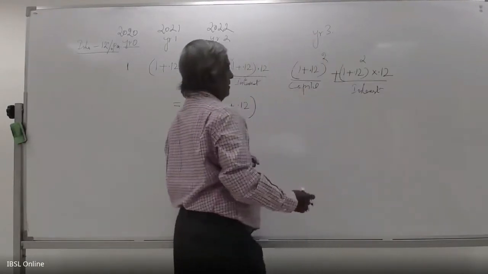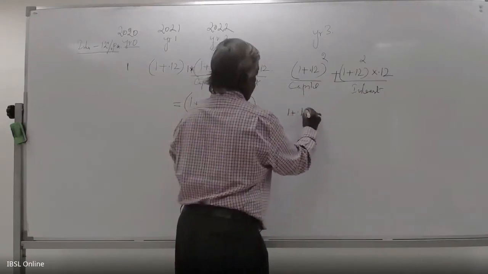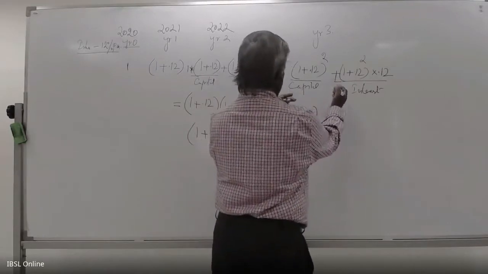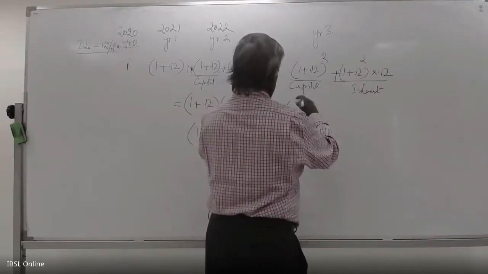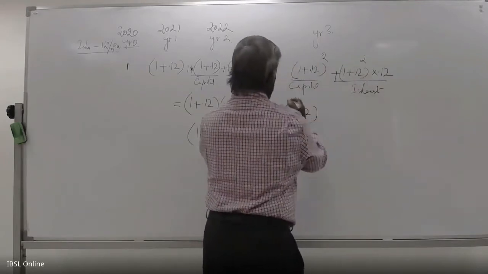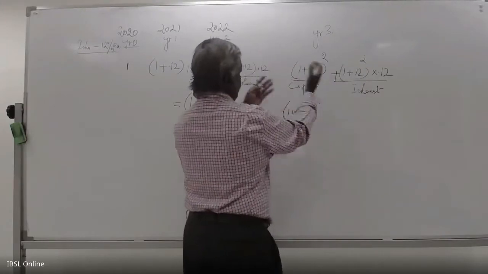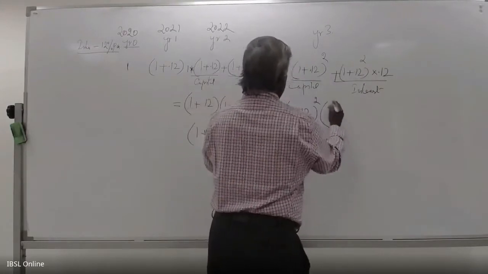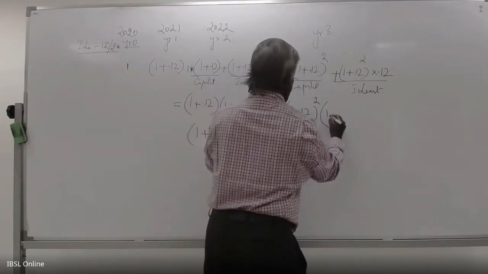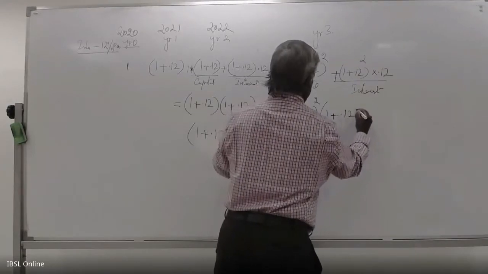Again, factorization, take 1 plus 0.12 out. This is the common factor, 1 plus 0.12 to the power 2 is a common factor, you take that one out. So as I said, 1 will be there, 1 plus, when you take it out, 0.12.